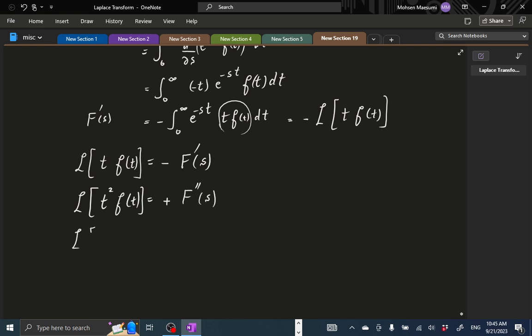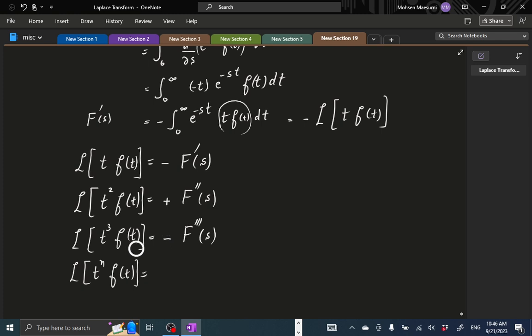And if you want to go higher, same thing, t cubed f of t. Now we are going to have 3 minuses multiplying, so we can flip back to minus, and then I will have triple derivative.